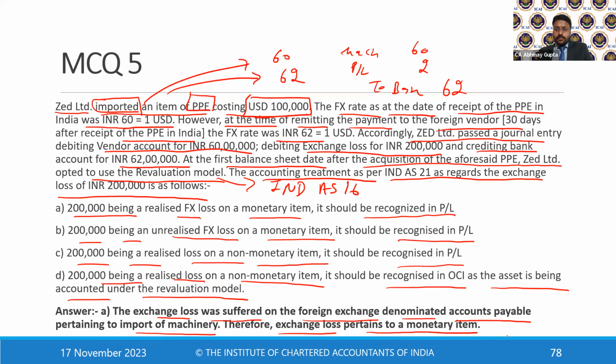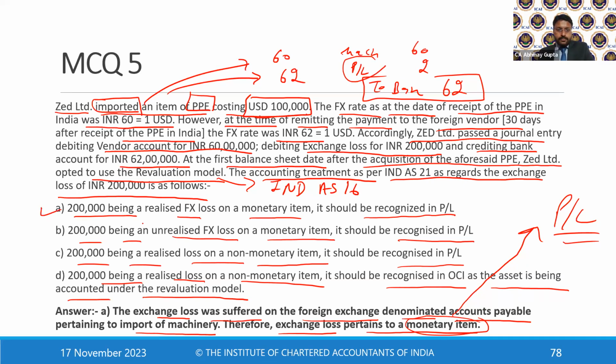And we have studied the rule that whenever there is any foreign exchange gain or loss on a monetary item, it always goes to the P&L, right? Furthermore, it is already realized, because payment has already been made by the company. So option A, 2 lakh being a realized forex loss on the monetary item should be recognized in the P&L, is the correct option, right?